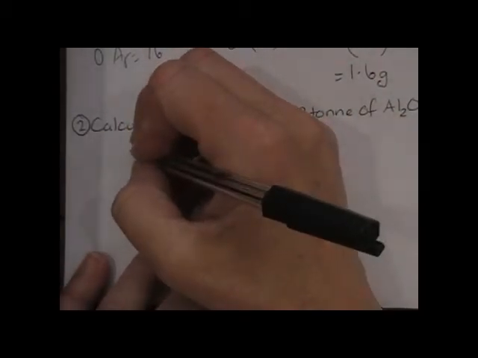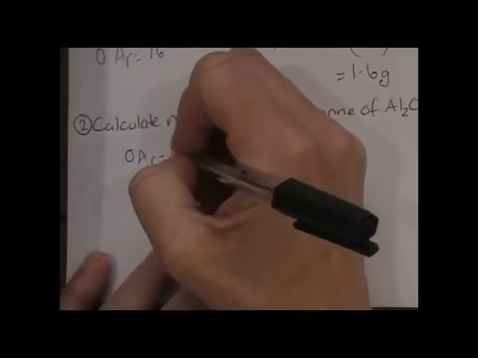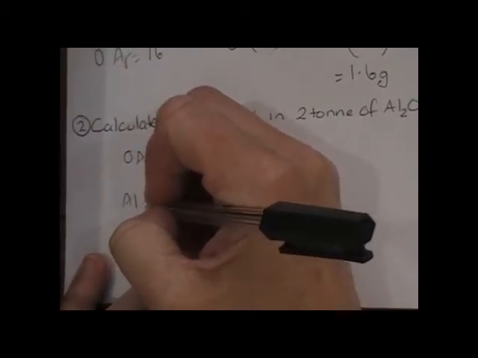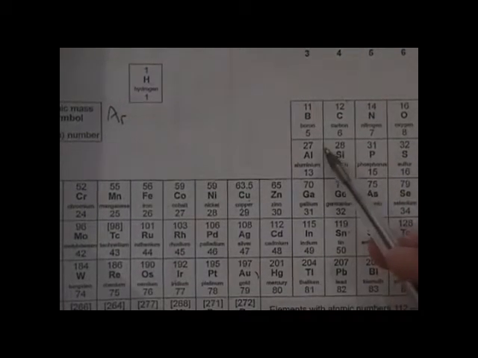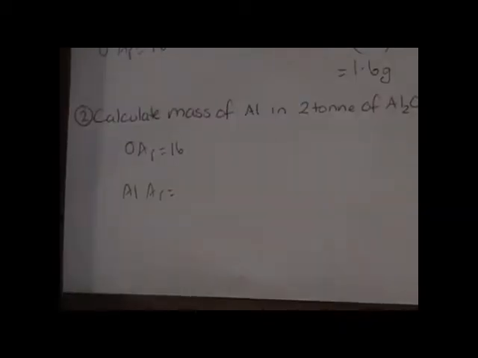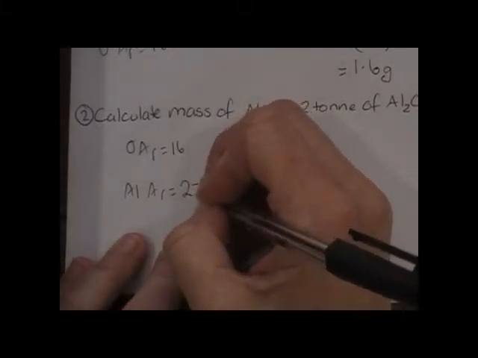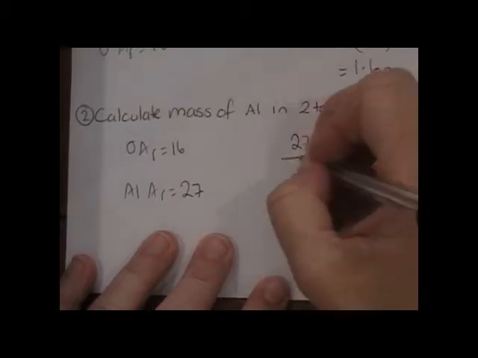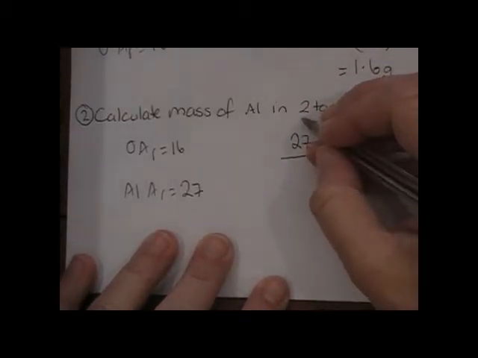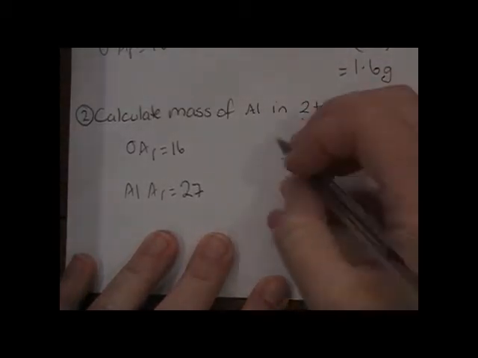All right, we know that the AR of oxygen is 16 because we found that out just a moment ago, and the AR of aluminium we can find out straight from our periodic table. Here it is. There's aluminium and it's 27, so I'm going to write 27 down here. I want to find the mass of aluminium in 2 tonne of aluminium oxide.